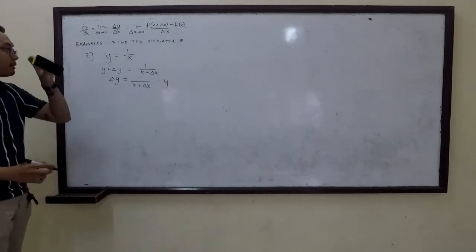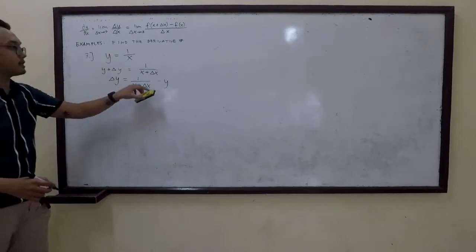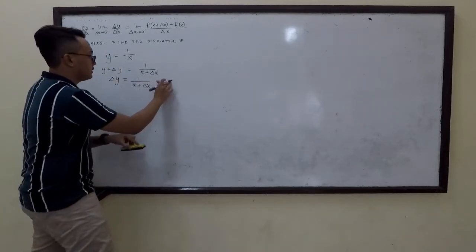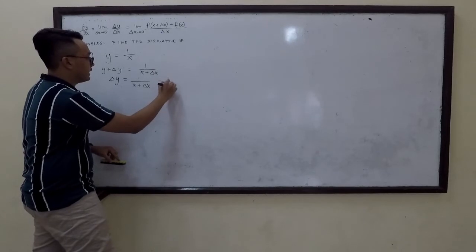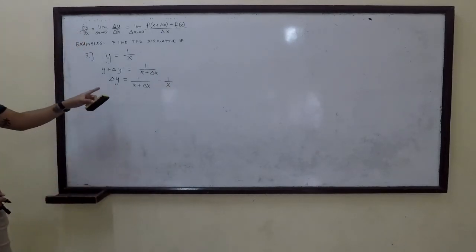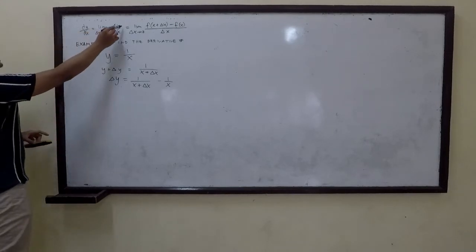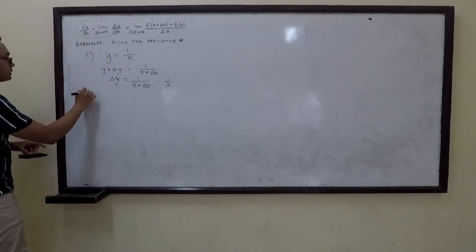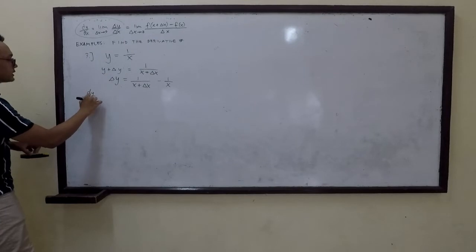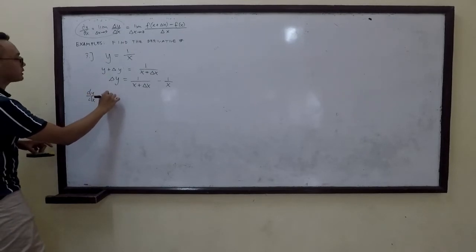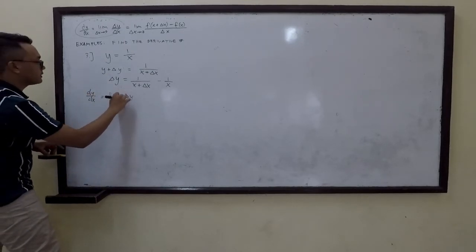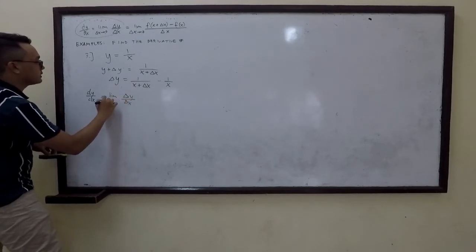Then remember y is just 1 over x. So we can say that dy over dx is just equal to the limit of delta y over delta x as delta x approaches 0.